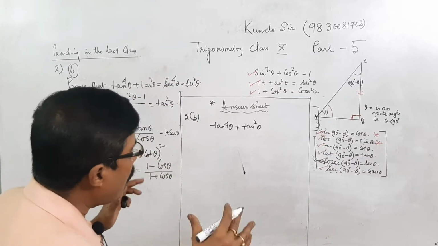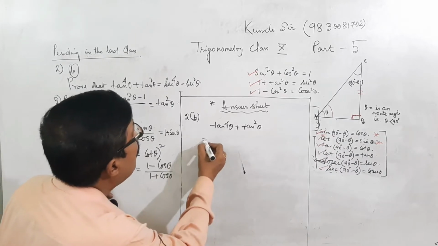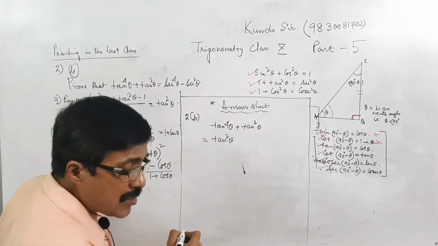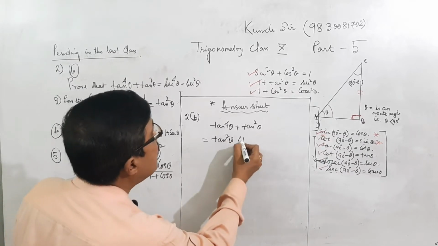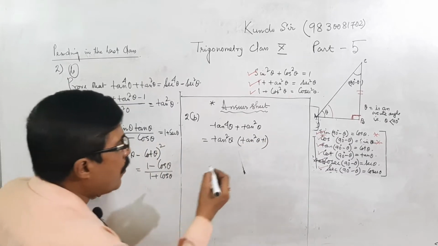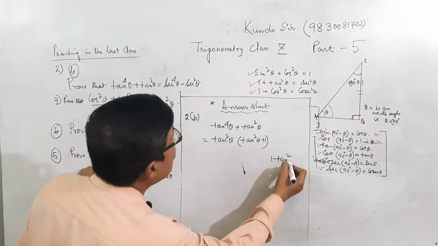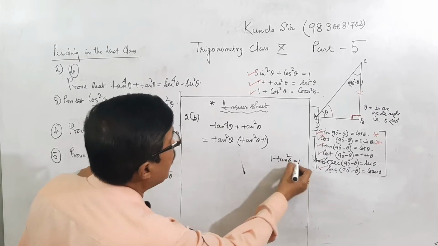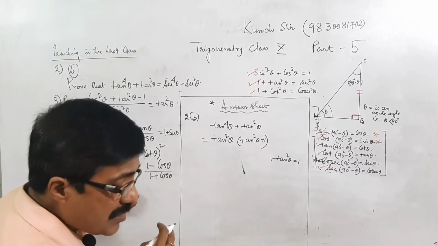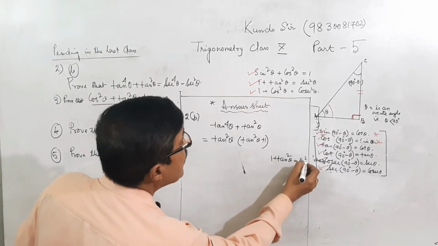So first of all we will try to convert tan theta into sec theta. We take tan square theta common, and we get tan square theta times tan square theta plus 1. Our target is to get 1 plus tan square theta, which equals sec square theta.